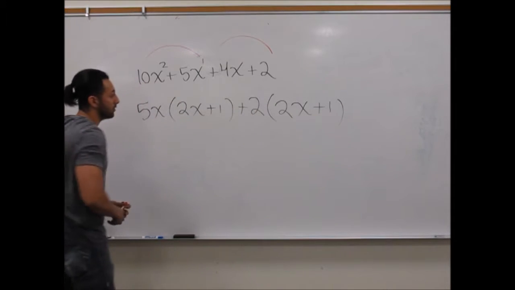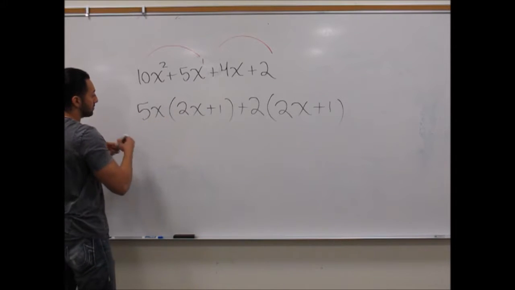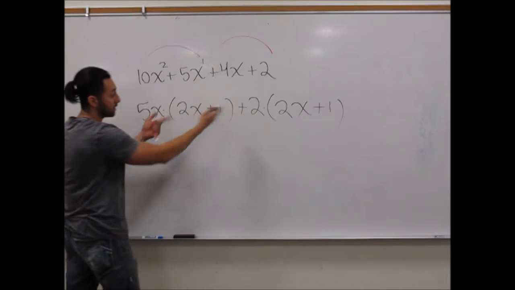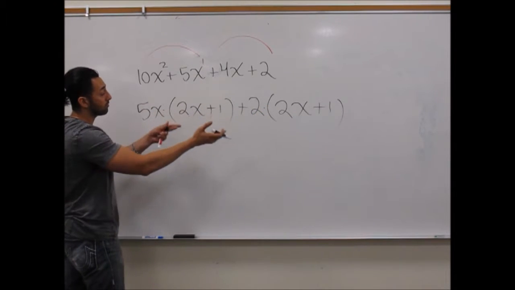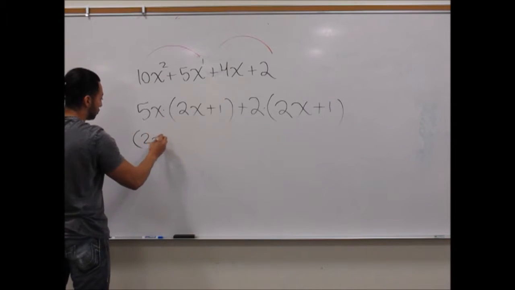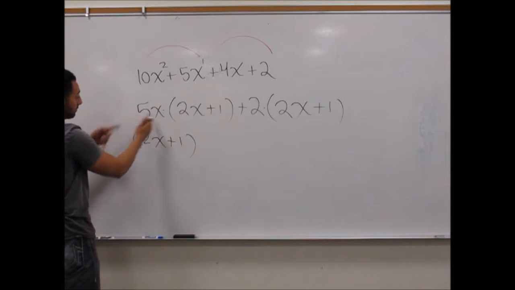So the deal here now is to factor out what they have in common. This guy is being multiplied to this term here, and this 2 is being multiplied to that term. And it's the same term, the 2x plus 1. So we could factor that out of both of them. So factoring out a 2x plus 1, since this came out, the 5x is left.